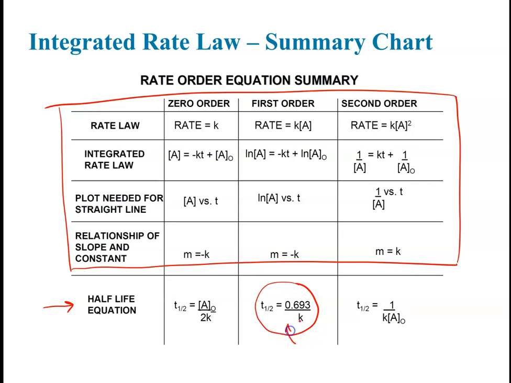This equation will be on the AP equation and constants sheet, as will this one, and this one. But how about zero order? Zero order is concentration dependent, and the half-life would follow that equation. Second order is also concentration dependent, and the half-life would follow that equation.